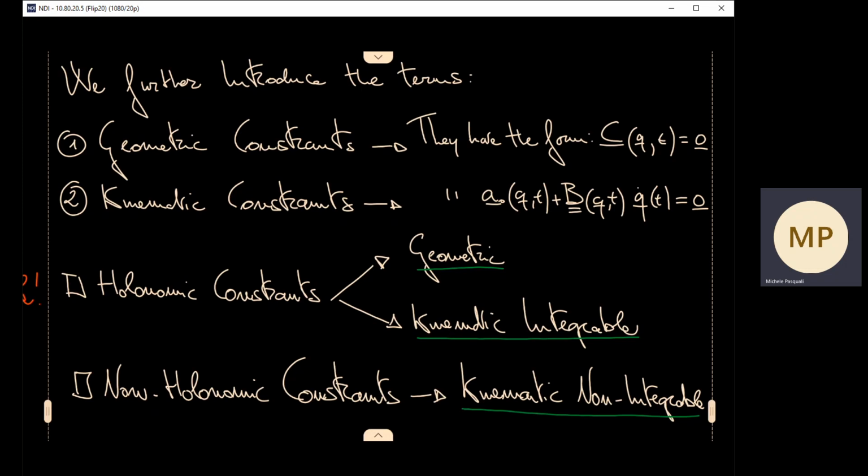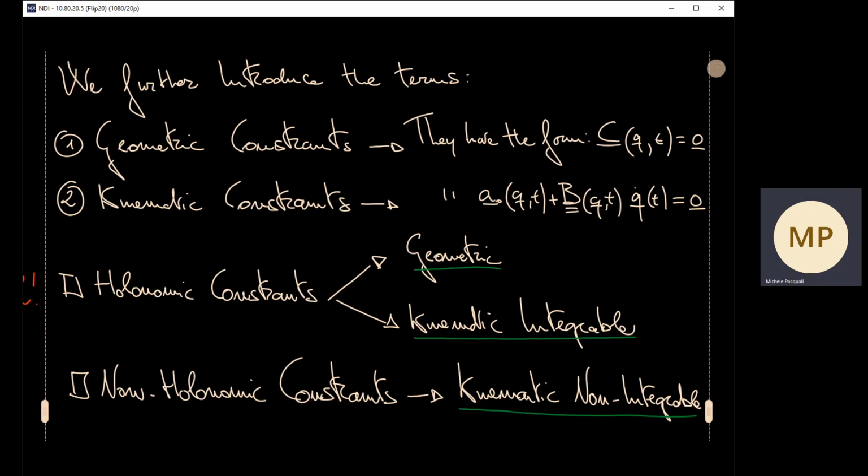From a mathematical point of view, they can have this form, geometric, or this other form, but with the possibility to integrate and go back to that: geometric, kinematic, integrable. Non-holonomic constraints are those that constrain motion, and they can only come in this form, without the possibility to integrate back to that one. Okay, clear?